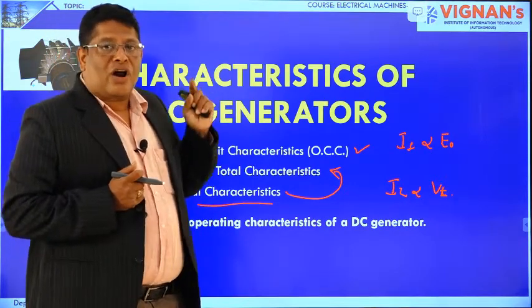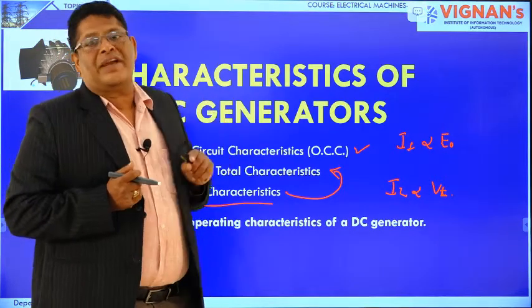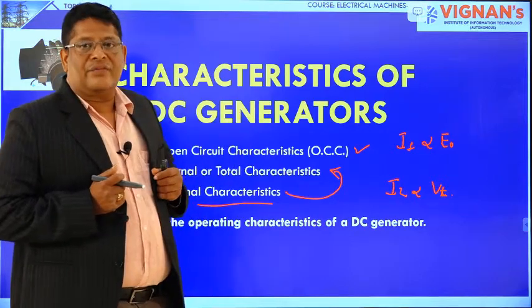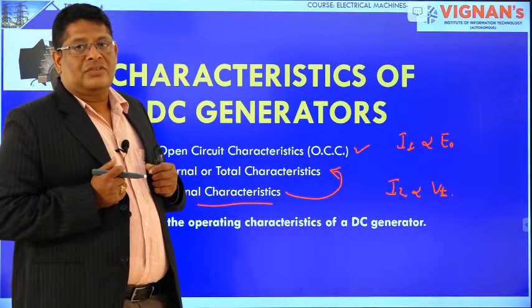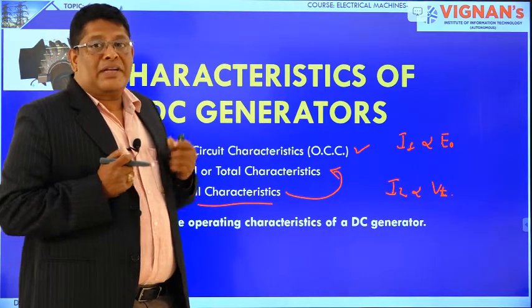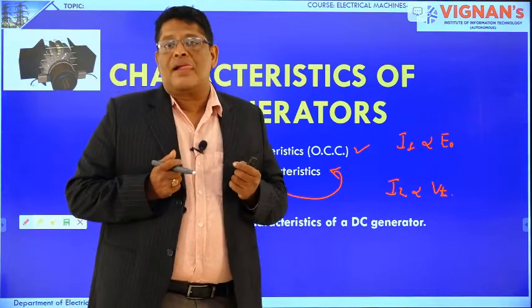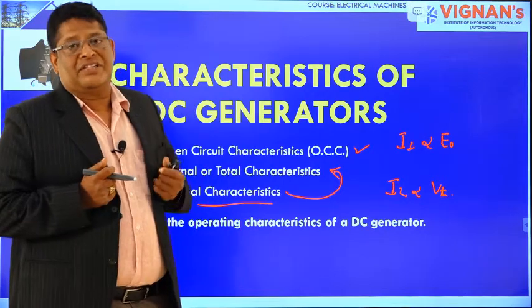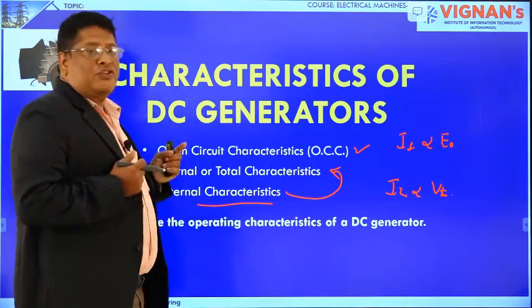It is a curve drawn between the load current and the voltage induced in a generator after the armature reaction, nothing but the internal voltage. That we are going to see individually.